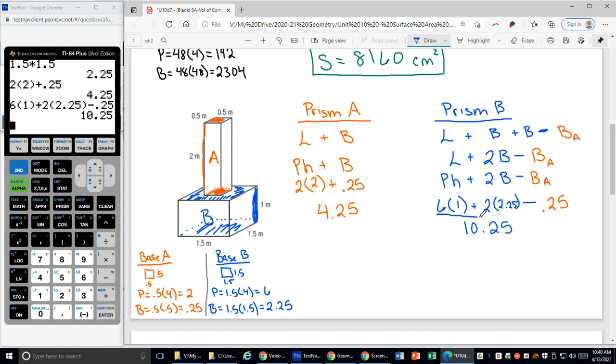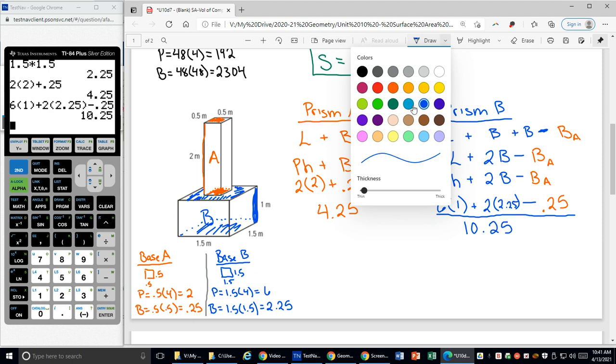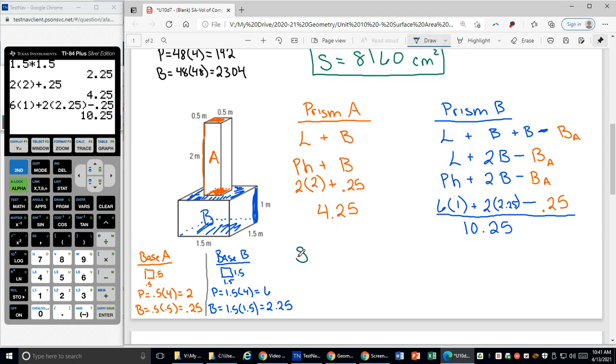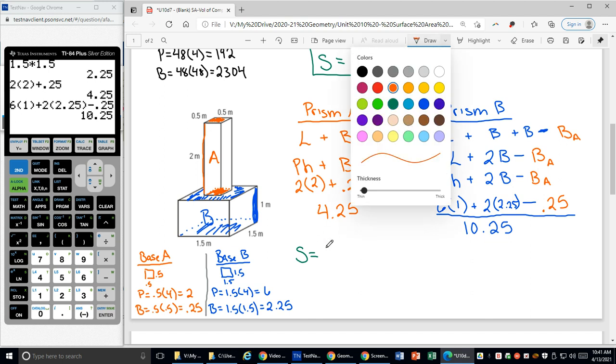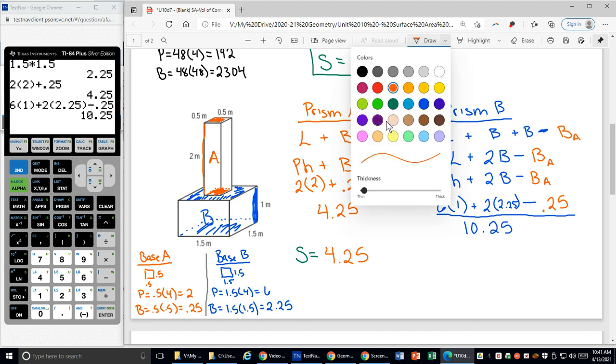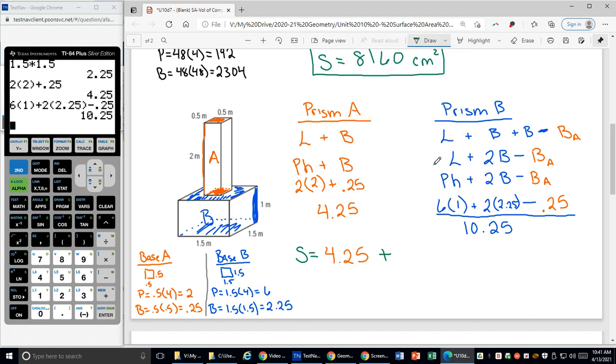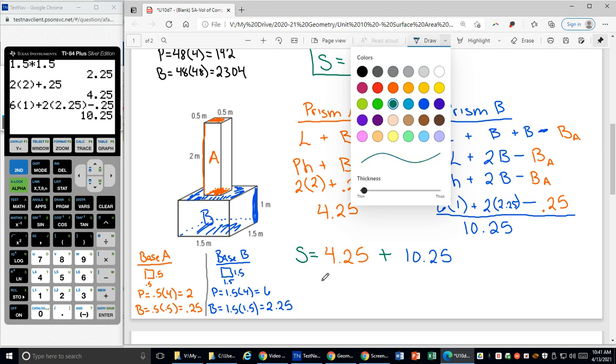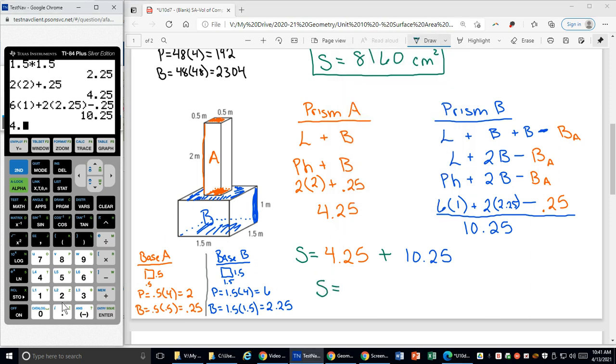When I put all of this together, my total surface area is going to be my 4.25, my orange prism A, plus my blue prism B, 10.25, making the total surface area for this figure 14.5.